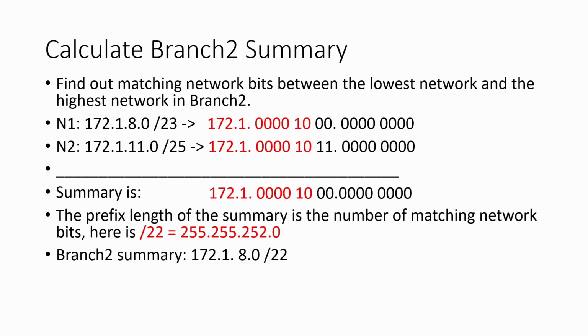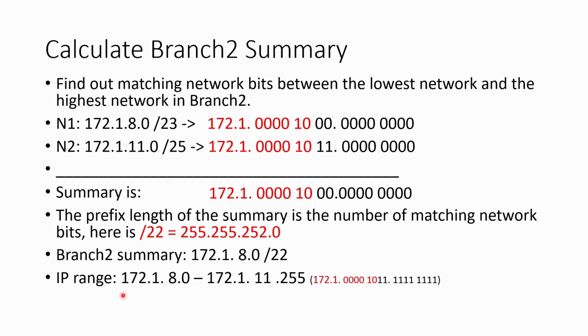That actually claimed the range from 172.1.8.0 all the way up to 172.1.11.255. The range is created when the host bits taking the highest value going up to all ones.